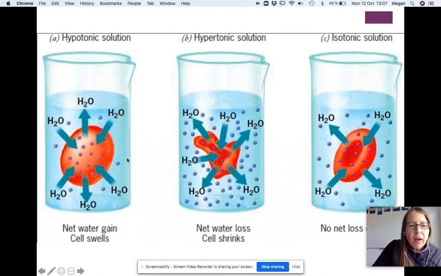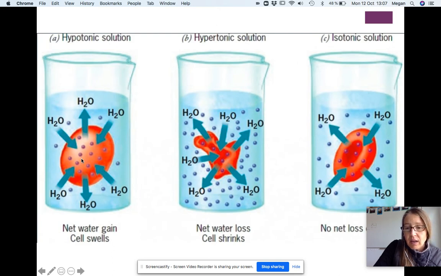So what happens when you have a differential osmotic potential like this? When the cell is in a solution that has a greater or lesser solute concentration, we're going to see the movement of water into or out of the cell. If the cell is in a hypotonic solution, the water is going to be going into the cell. Here we have lots of water, not very much solute, a hypotonic solution, and the water is going to move into the cell.